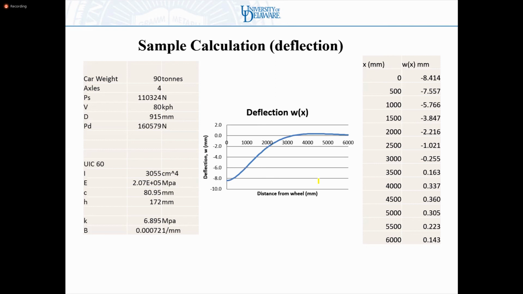So this is the same sheet you were looking at a moment ago. C is 8 centimeters or 81 millimeters. H is 17 centimeters or 172 millimeters.